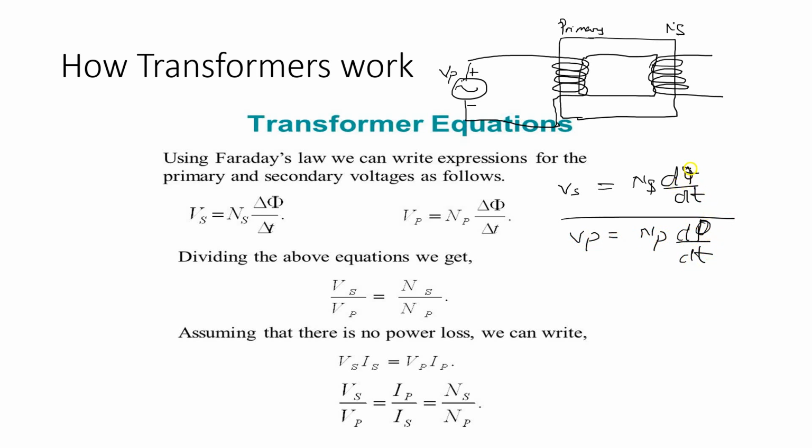Then we can cancel out something, because the rate of change of magnetic flux is the same. So what we're now left with is the universal equation for whenever we're dealing with transformers.